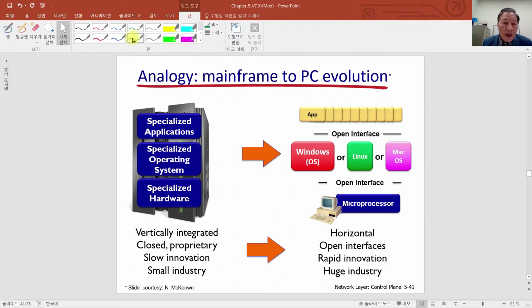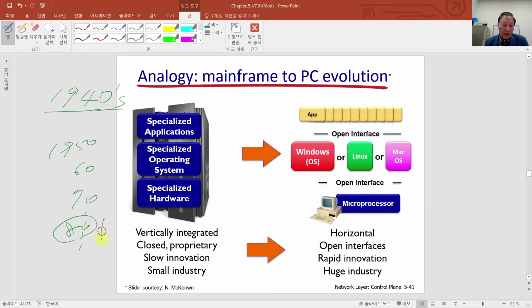Okay, let's think about some advantages. Probably this one is very important if we are considering the computer industry. In terms of computer history, around the beginning of the 1940s, the ENIAC computer was introduced. After that, 1950, 1960, 1970, 1980, at that time the PC was introduced, and Steve Jobs introduced the first Apple computer using a Rockwell CPU around 1976 until 1978.